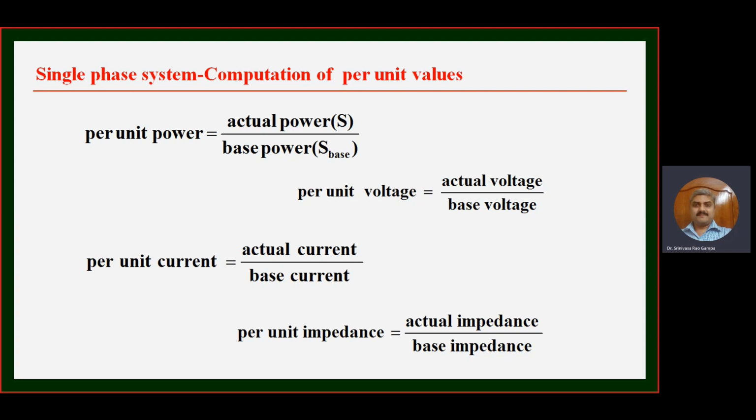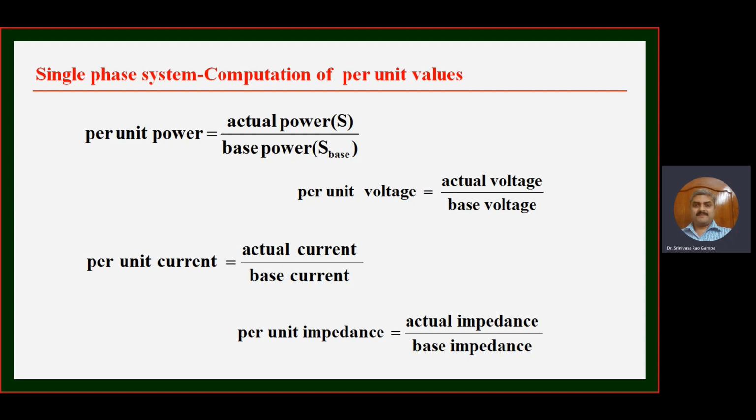First, we will discuss the various formulas we need to use and derive related to single phase systems, that is, computation of per unit values in a single phase system. The per unit power is the actual power by base power, per unit voltage is actual voltage by base voltage, per unit current is actual current by base current, and per unit impedance is actual impedance by base impedance.